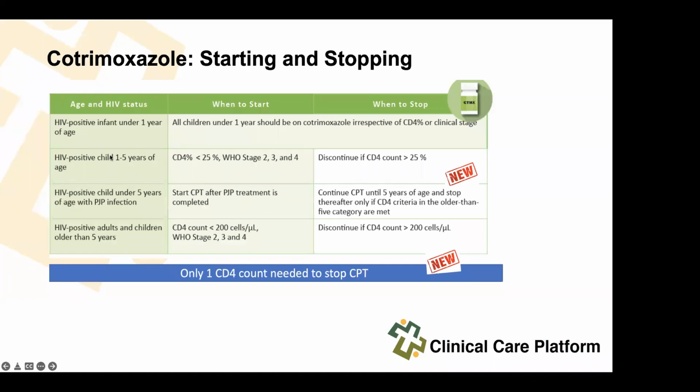Now, once the child crosses 1 year to 5 years, we now consider the staging. So any HIV symptomatic child, or where the CD4 percentage is less than 25%, we should be starting them on cotrimoxazole. And as soon as they have improved immunologically with a CD4 percentage above 25%, you may stop cotrimoxazole.